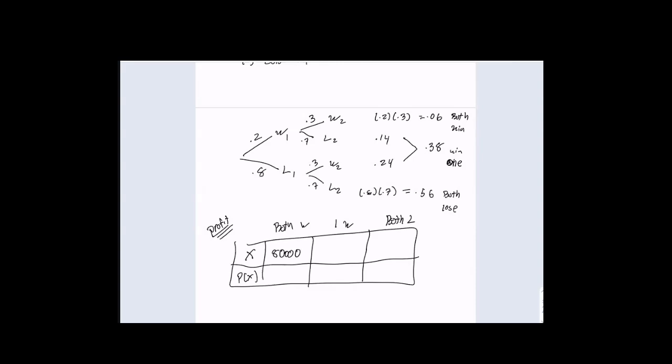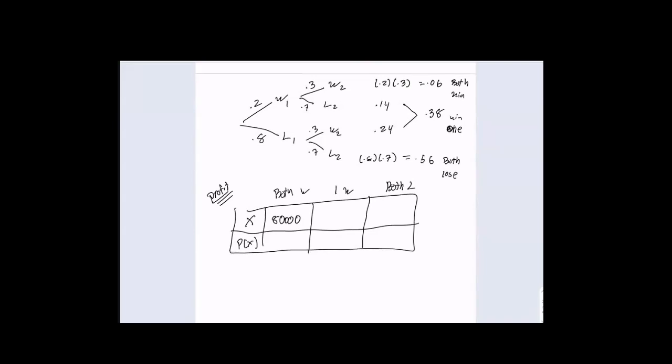If he wins one, he can sell the horse for $50,000, but it cost him $20,000. What's his profit? Simple question. 30,000.